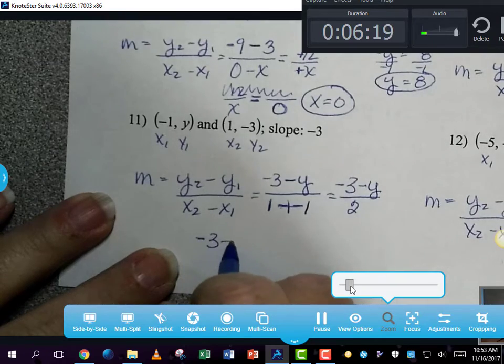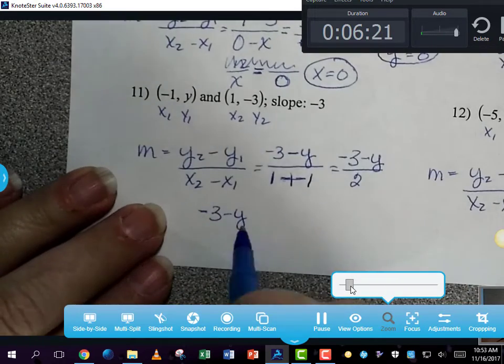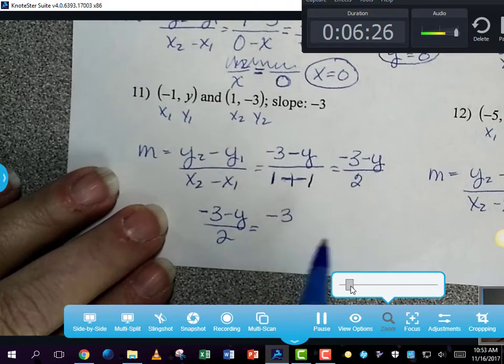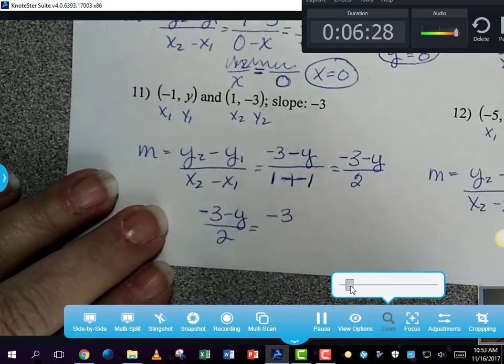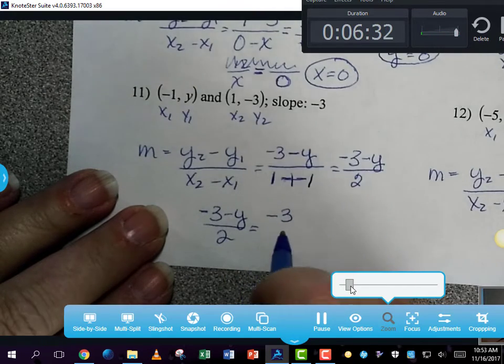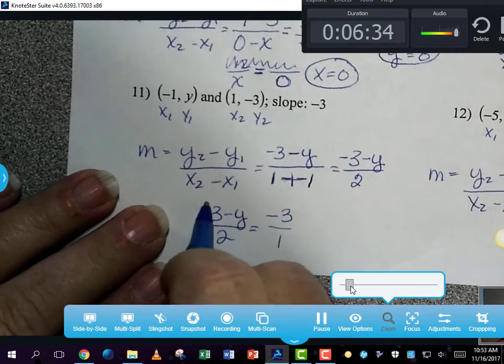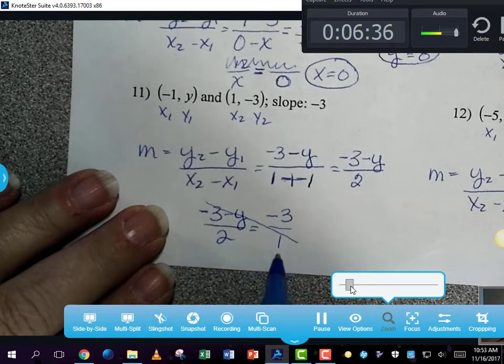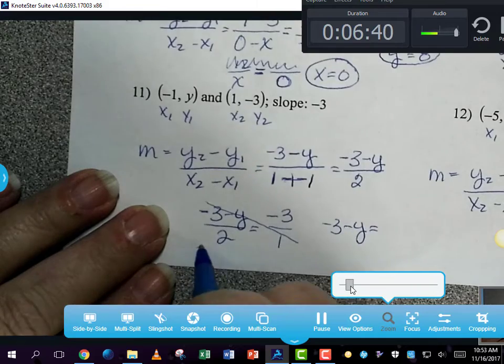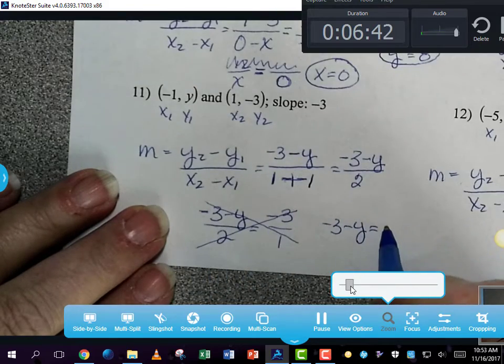So I'm going to move down here for a little bit more space. Okay, so that I can do it as a proportion, I'm going to go ahead and say over 1. So then I'm going to have negative 3 minus y times 1, that's just going to be negative 3 minus y, equals 2 times negative 3, that's going to be negative 6.